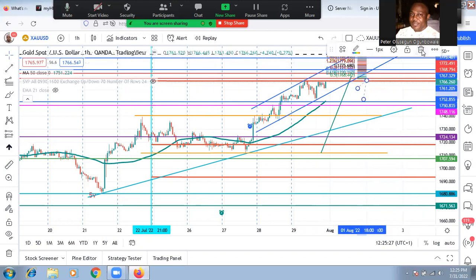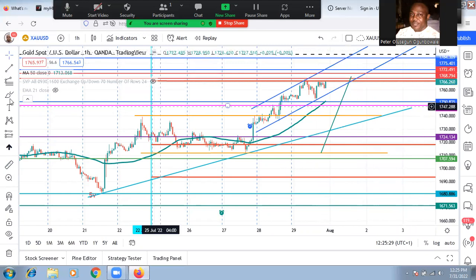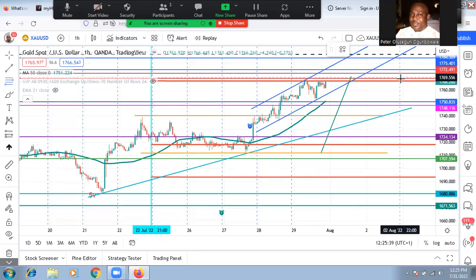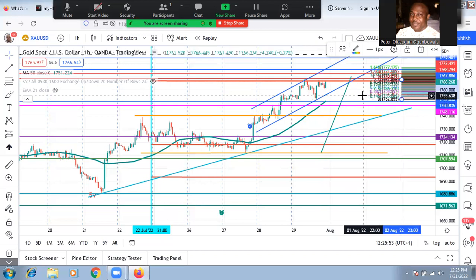And if I want to use my own retracement tools or extension tools for that wave to be a 5 or 4 here, that is, we are going to have a 5. The retracement tool should also give me something in this range, between here and here, within the same zone.